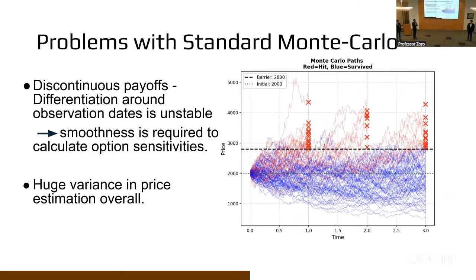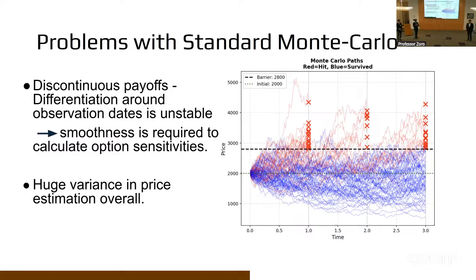And when you're trying to calculate derivatives around this observation date, minute differences in the prices around it can lead to huge instability in the differentiations, and you need differentials to calculate the option sensitivities.